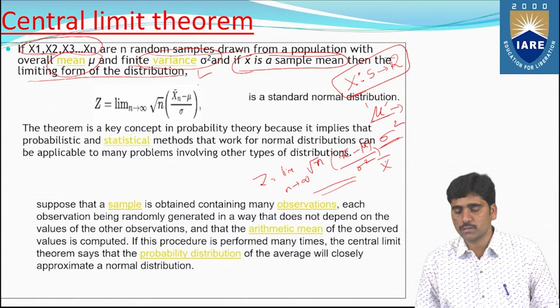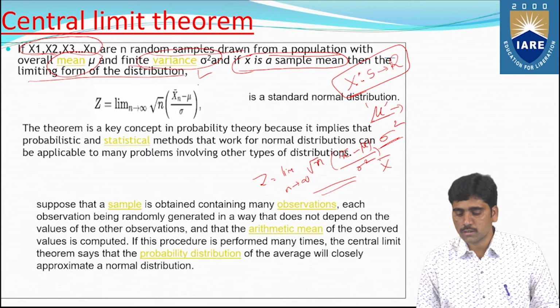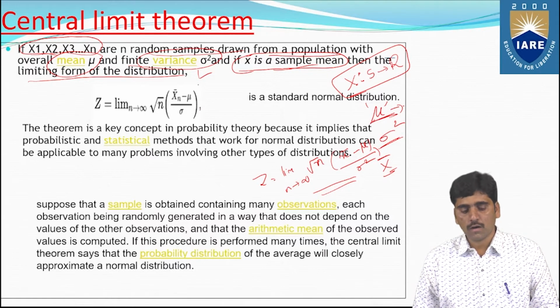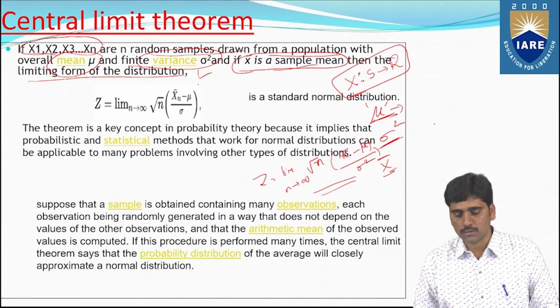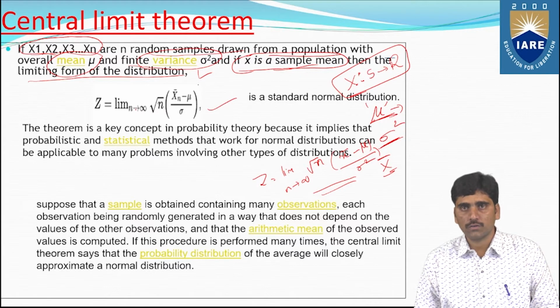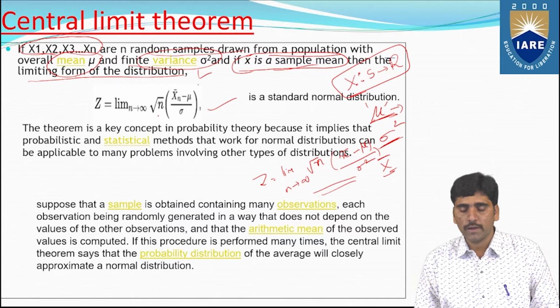This is the formulation of the limit theorem distribution, where x bar is the sample mean, mu is the overall mean, and sigma square is the variance. Then the limiting form of the distribution is this one: limit n tends to infinity root n of x n bar minus mu by sigma.